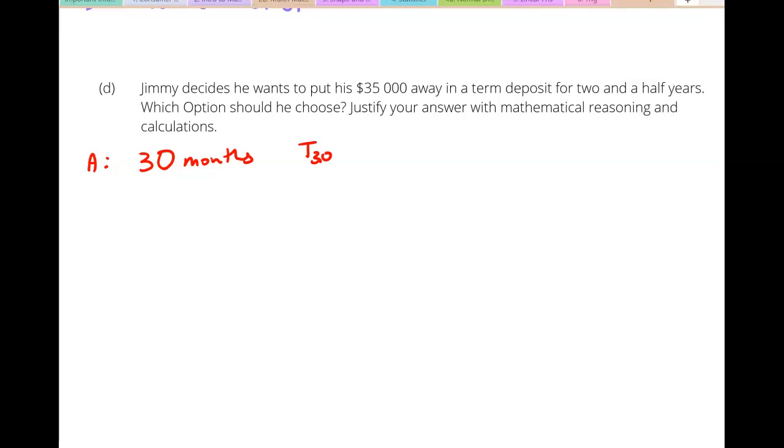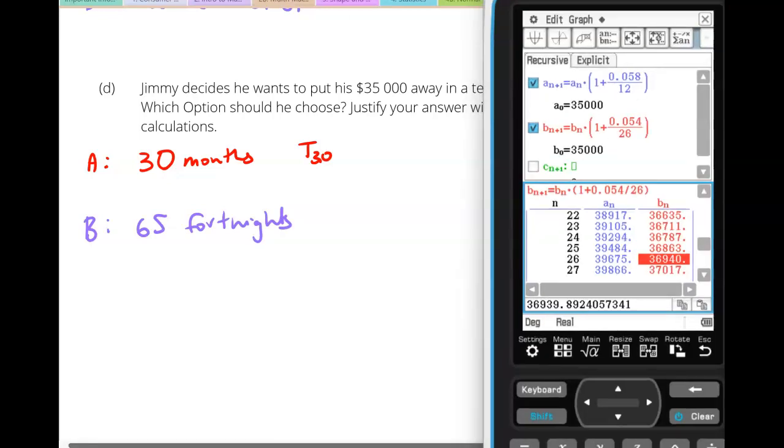For option B, 2.5 years, how many fortnights is that? 52, 65. So back to our sequence, we want term 30 for sequence A, 44,47.25.